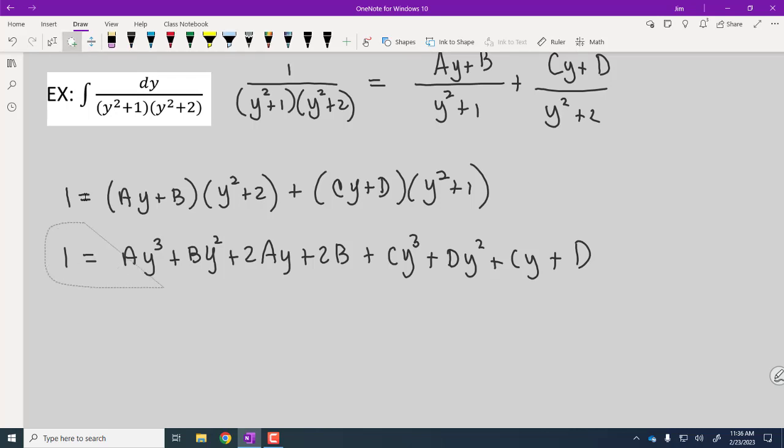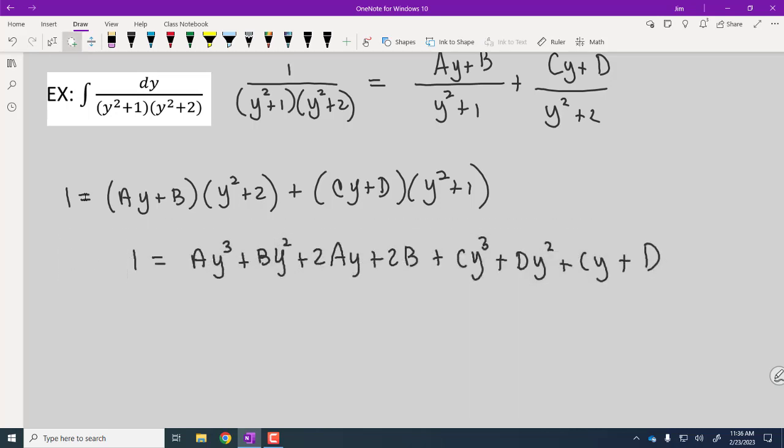I'm going to put in a little bit of space here. What is the coefficient of y cubed on the left? 0. So we have 0y cubed plus 0y squared plus 0y plus 1.